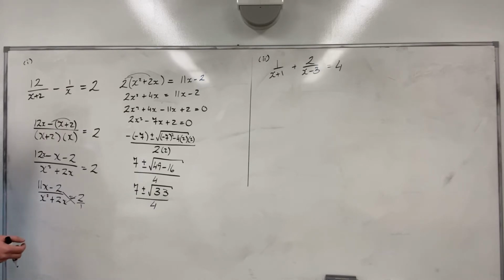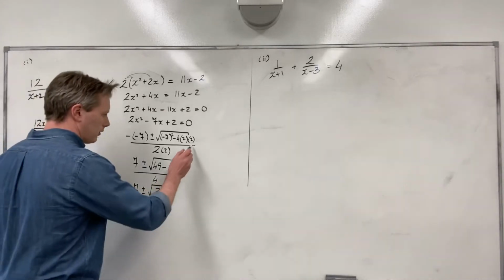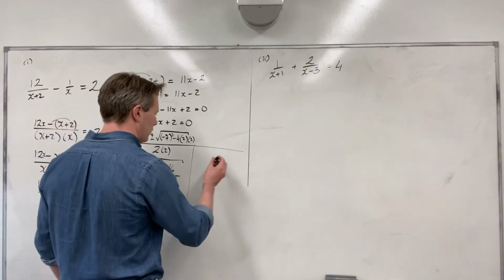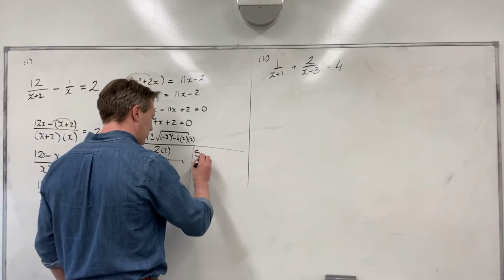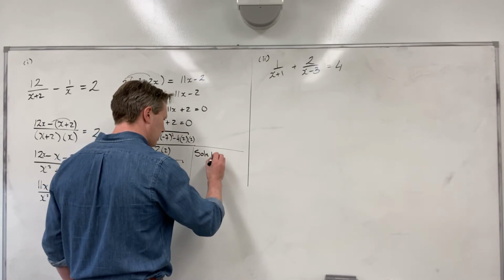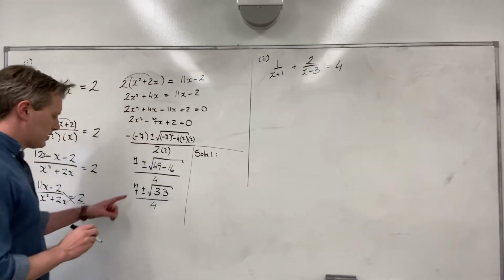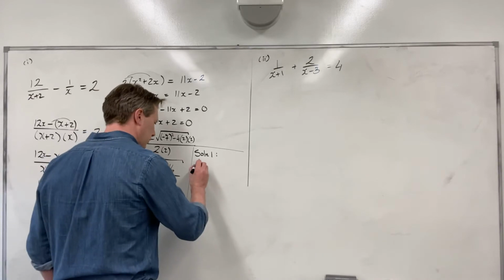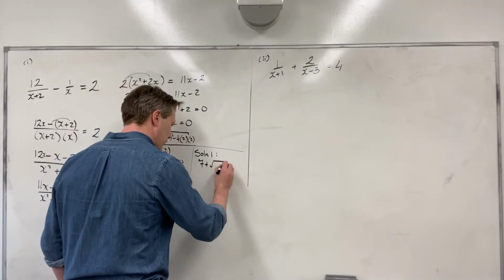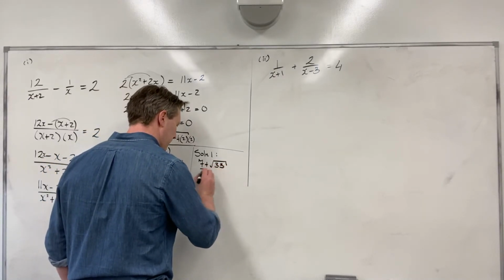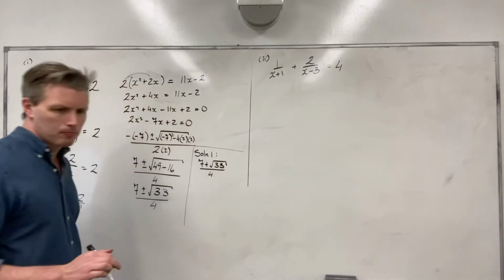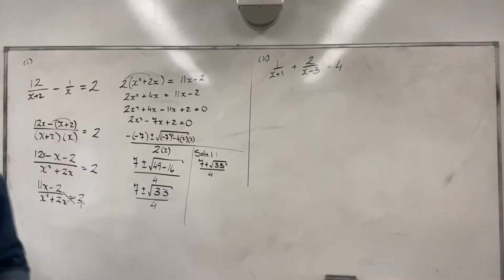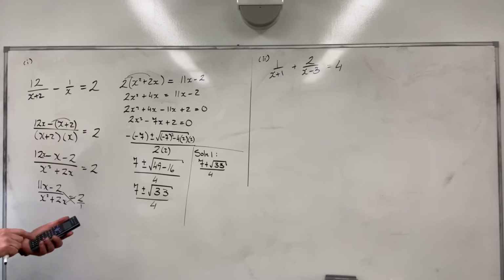And at this point, I could just take my calculator and I can solve it. So I'm going to have two solutions. Let's put these here. So I'll have solution number 1, 7 plus root 33 over 4. And I will take my answer to 1 decimal place.